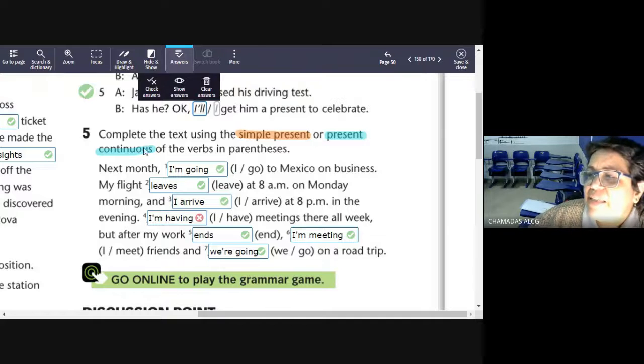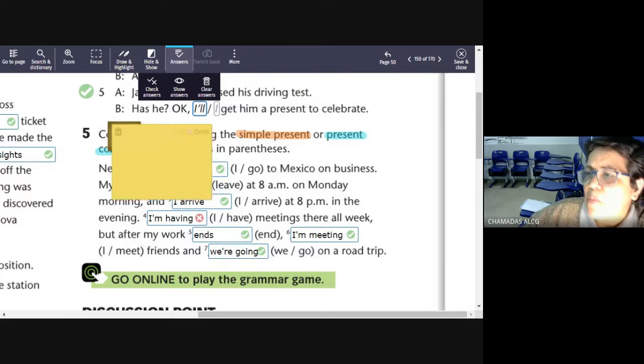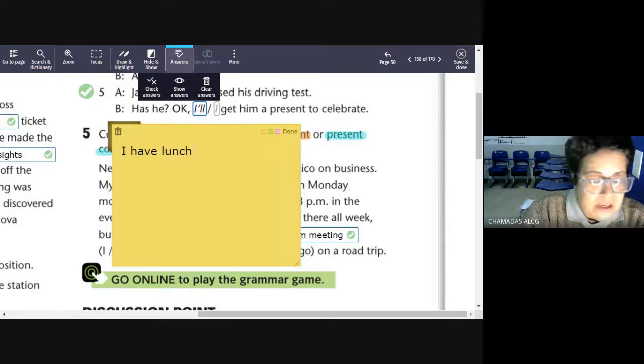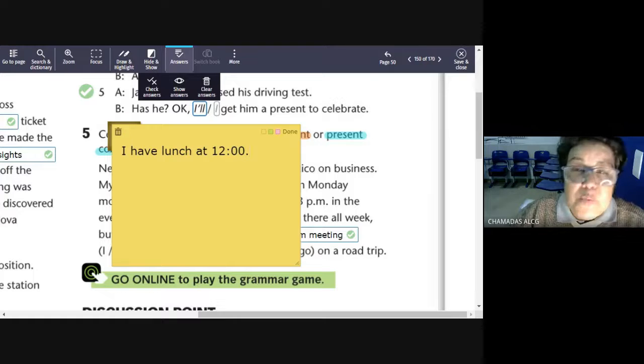The same idea when we say, for example, I have lunch every day, okay, at 12, okay? So here, this is not possessive. I'm just saying that I eat lunch at 12 o'clock.